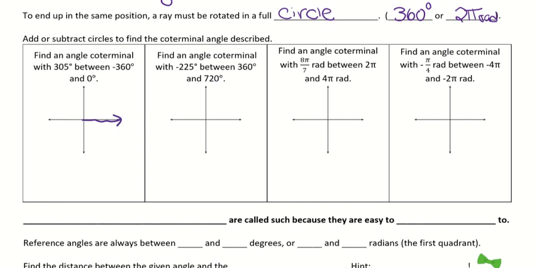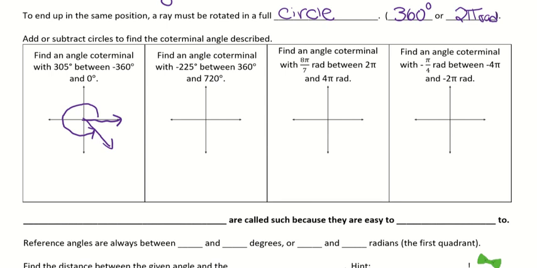And then 305 means we go 90, 180, 270, and a little more. So this is what 305 looks like. Now, if we want to go between negative 360 and 0, do we need to add a circle or subtract a circle? Well, to get 305 lower than 0, we need to subtract a circle.